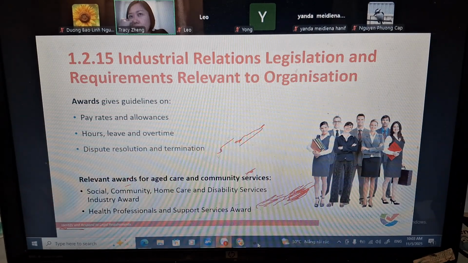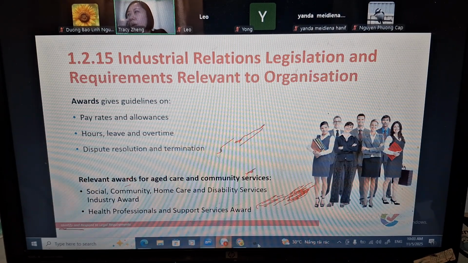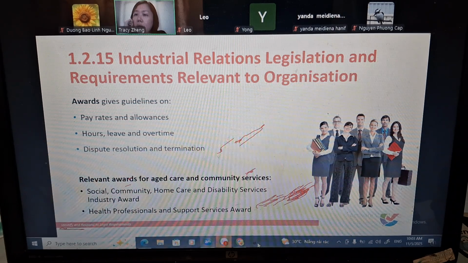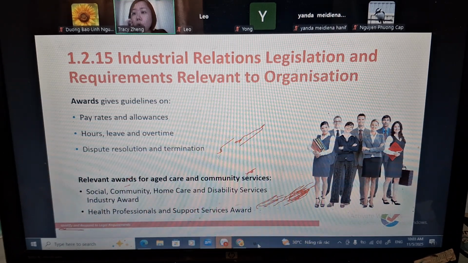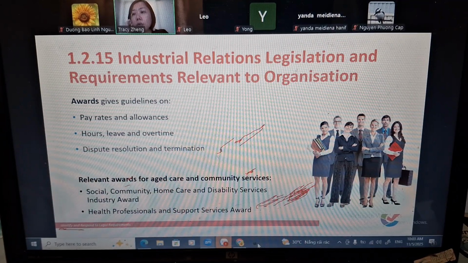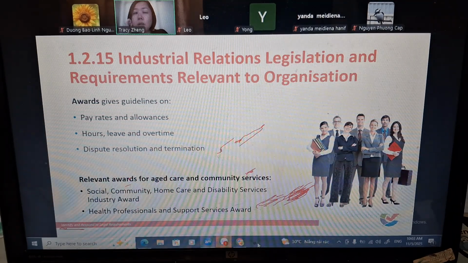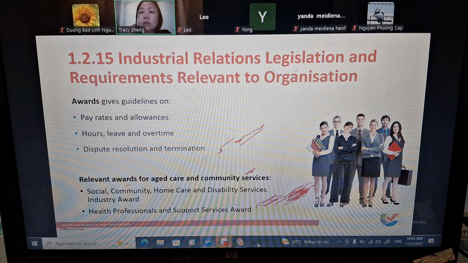I think that allowance would be around probably $5 or $10 per fortnight. Yeah, and they probably would also give you some allowance to buy your work shoes, right? Those would be the allowances. It depends on the award your organization is using.